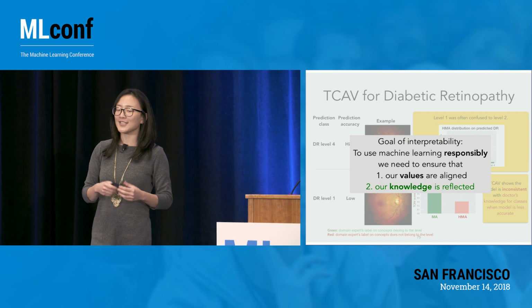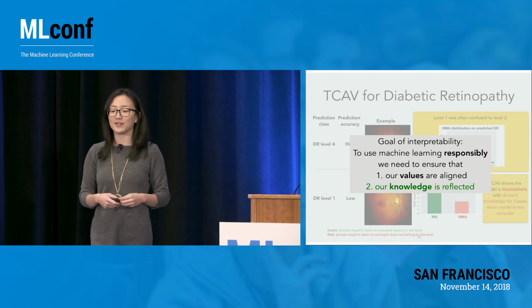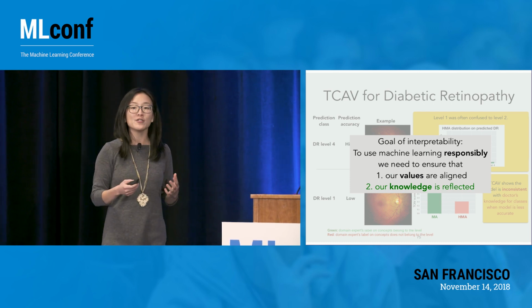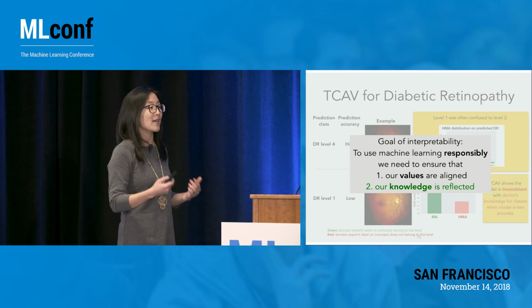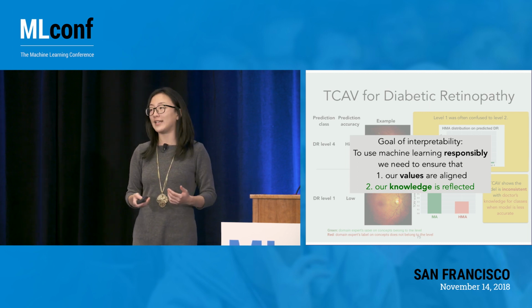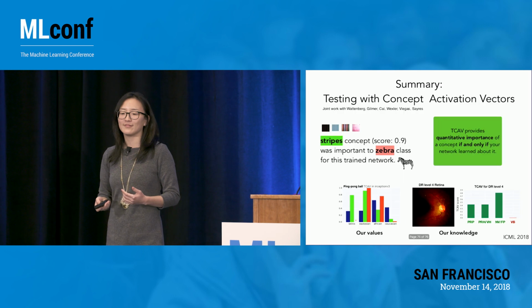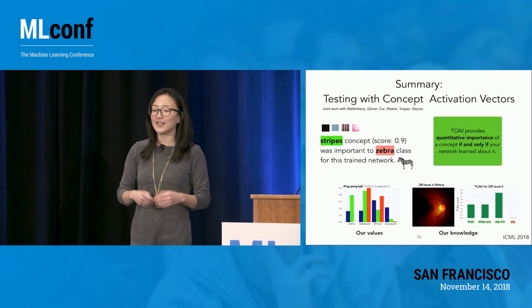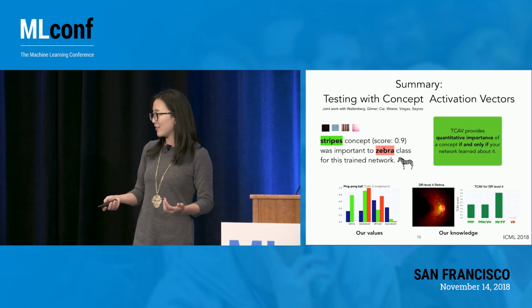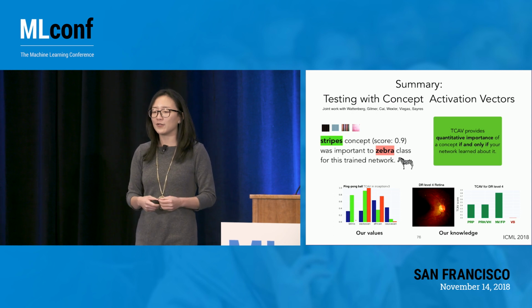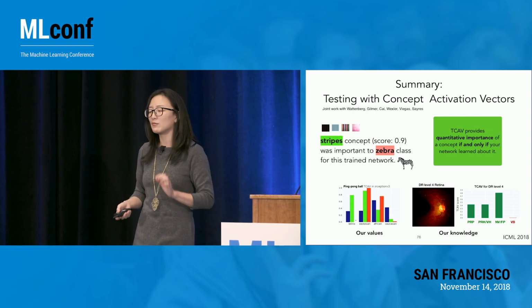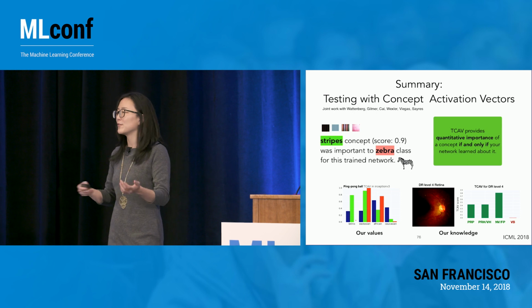That gets us to the second goal that we set out to achieve, which is to ensure that the model can reflect domain expert knowledge when we need it. So that's it. That is a pretty generic method for getting explanations. Since this paper was published, TCaV has been applied to lots of different forms of data.